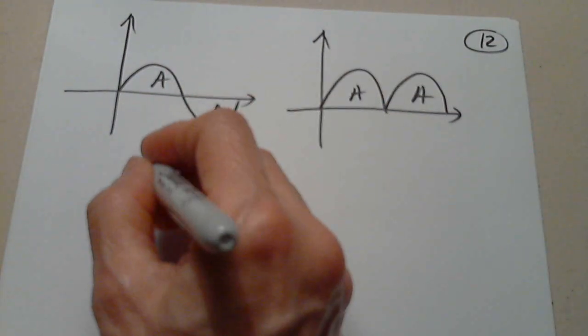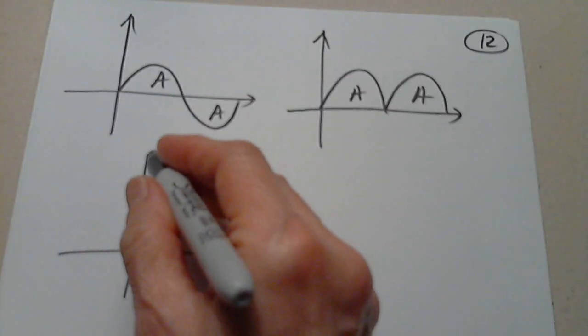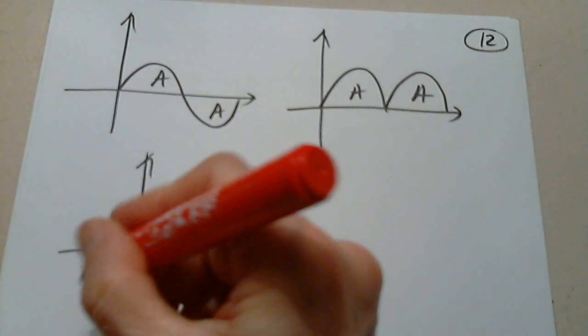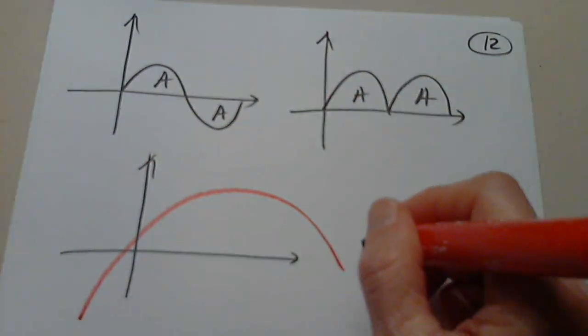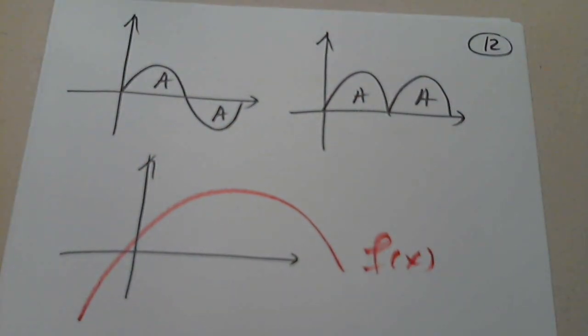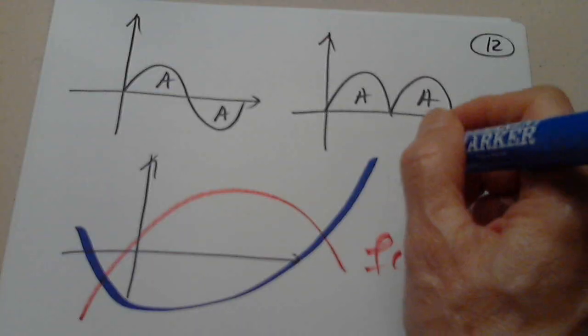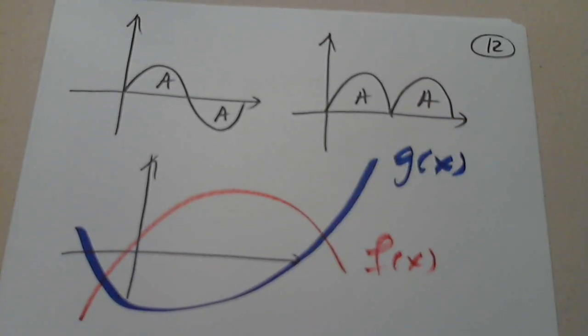Well, if we have an area that is enclosed, I'm going to use 2 different colors so you understand what I'm saying. Let's say this is f of x. And let's say this is g of x. And we are asked to determine this area.